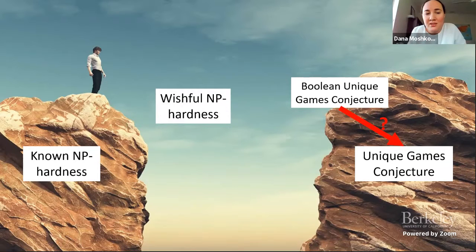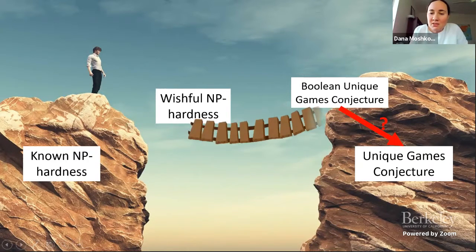So instead of trying to get a reduction all the way from something that is known to be NP hard to Boolean Unique Games, let's start with something that we only wish to be NP hard. It's very similar in many ways. It has the same spirit, the same feel as problems that are known to be NP hard, but we don't have an NP hardness proof for it. And let's just get a reduction from that to Boolean Unique Games. And indeed, this is what we achieved in this new work with Ronen.